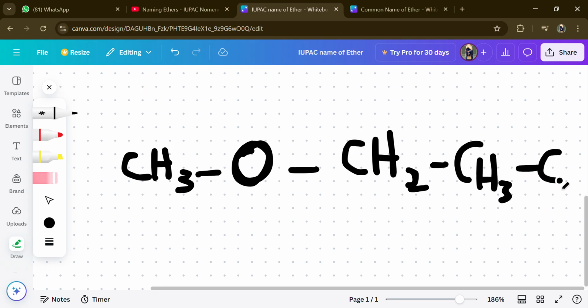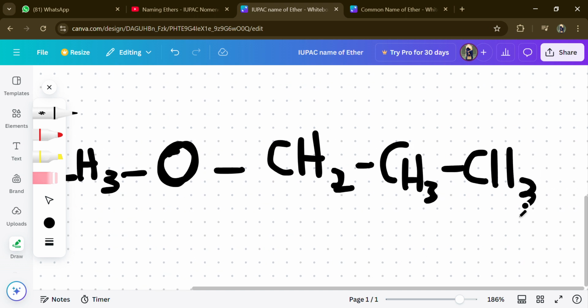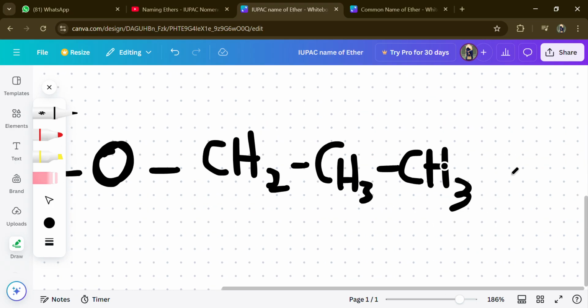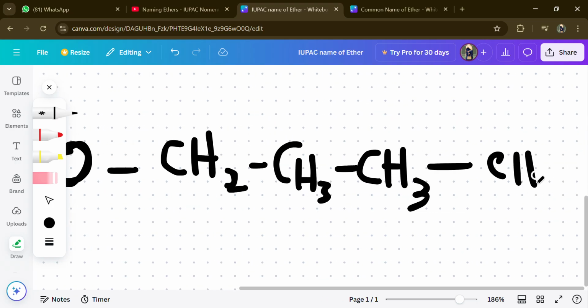Okay, what if I say there's a carbon here, and let me just create one more carbon here. And a substituent here.